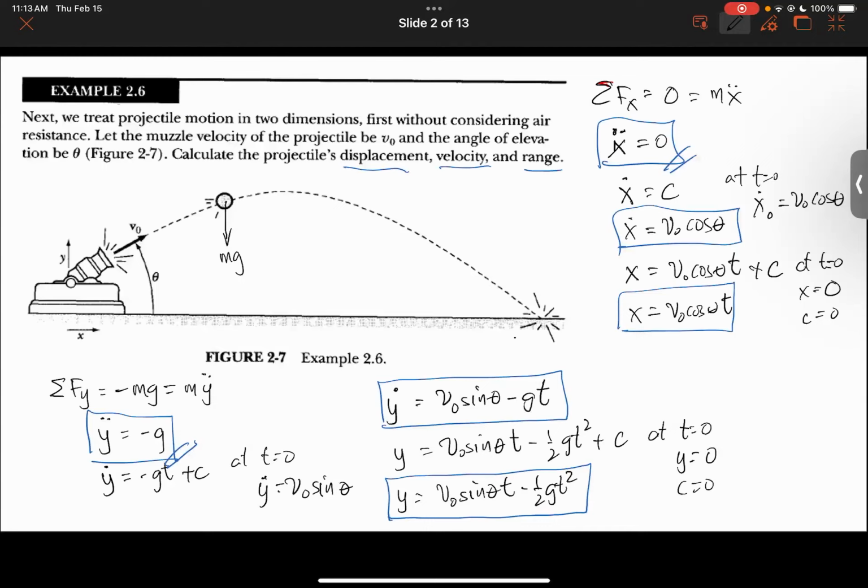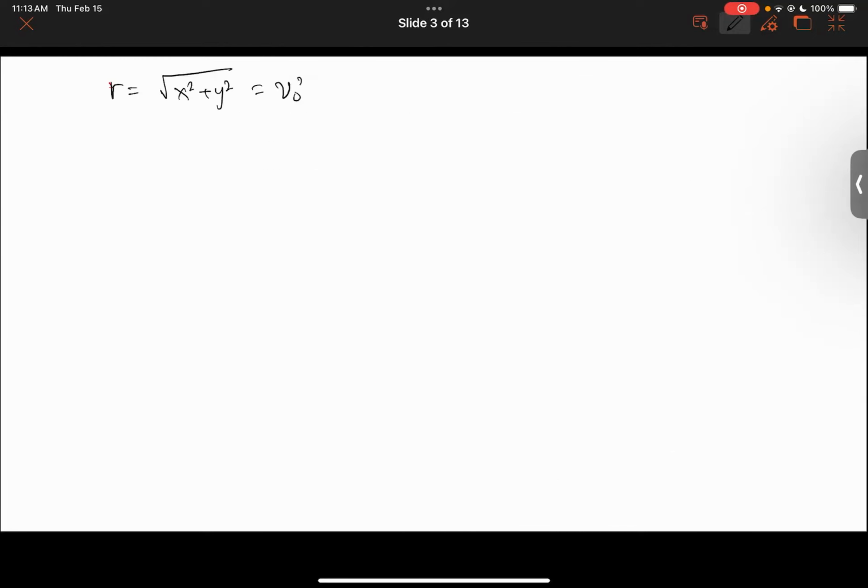So if you really want to solve for the displacement, we have the total displacement r. This will simply be equal to the square root of x squared plus y squared, since these are vectors, di ba? And since x is v naught cosine theta t, and y is v naught sine theta t minus 1/2 g t squared, we get v naught squared cosine squared theta t squared plus v naught squared sine squared theta t squared minus v naught sine theta g t cubed plus 1/4 g squared t to the fourth.